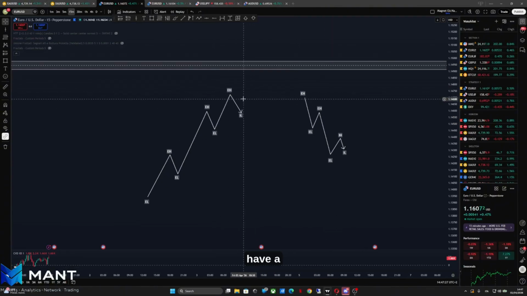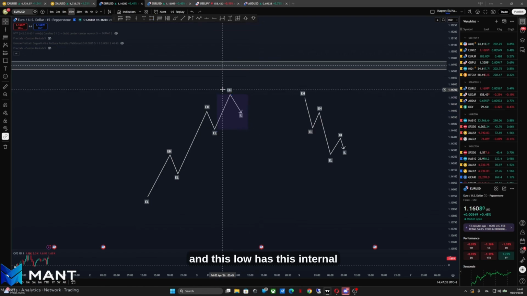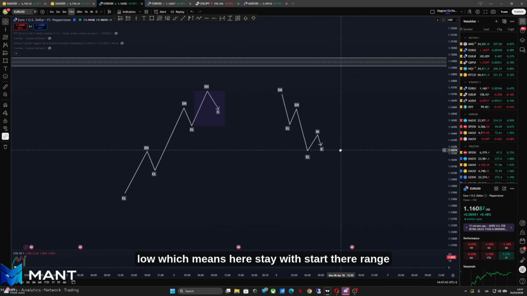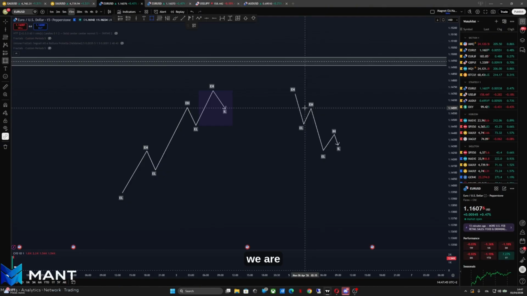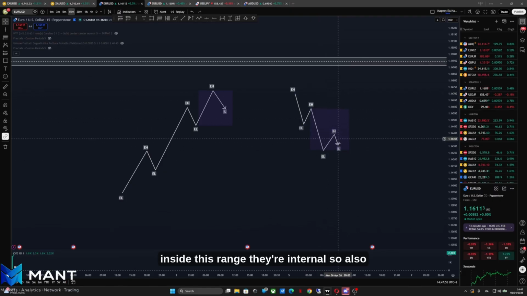Here we have just an example with the internal low, because within this range, between the last external high and last external low, there is this low here that will be called an internal low. Same here, we have the last range between this external high and this external low. We had one high and one low, and because they're inside this range, they're internal.